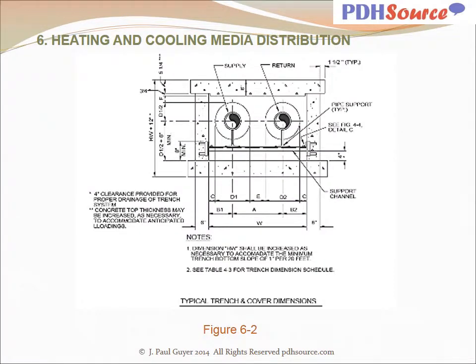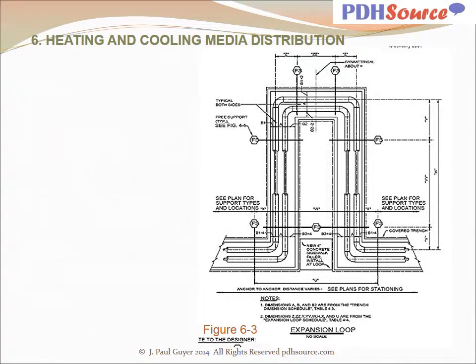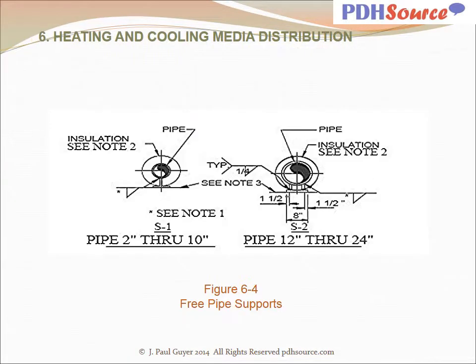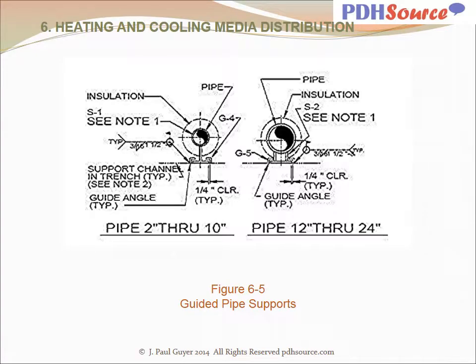Figure 2 is a typical trench and cover dimension detail. Thermal expansion in systems is important and may be accommodated by expansion loops, such as you see here in figure 6.3. Because thermal expansion is required, the piping must be anchored periodically, and between anchorage points sliding mounts need to be employed.